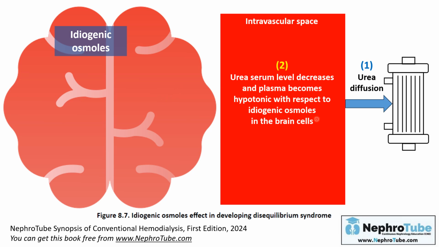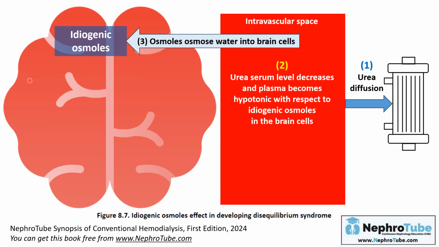So when we start dialysis and cause high urea diffusion, this will suddenly decrease the intravascular space urea and osmolarity in relation to the intracellular osmolarity that is produced by these osmoles. This will cause a shift of water into the brain cells due to the high osmolarity of the intracellular brain cells at this time.